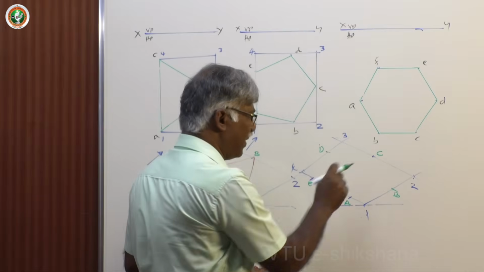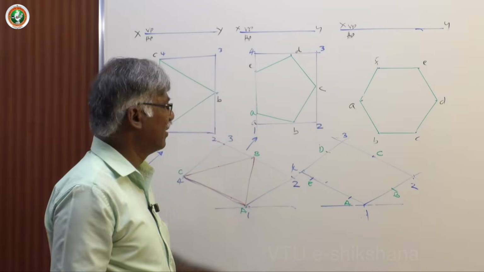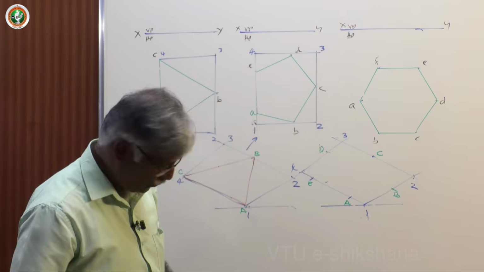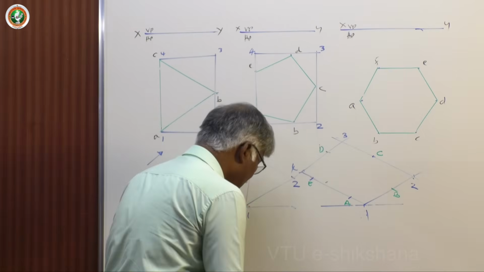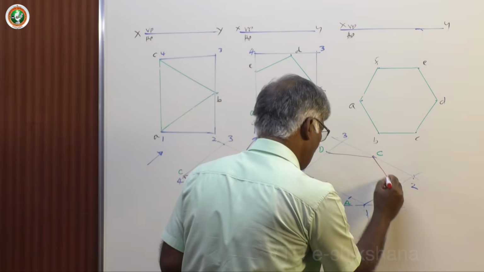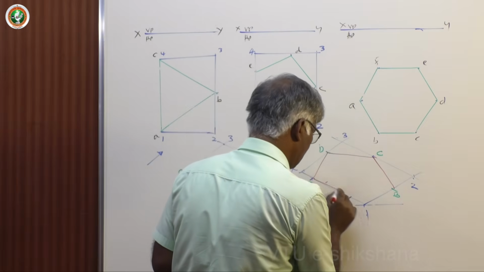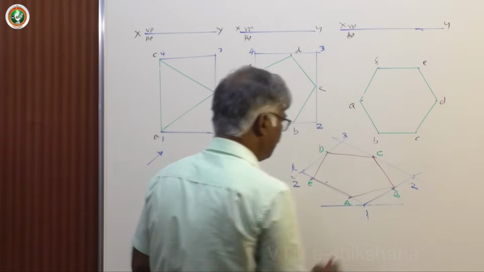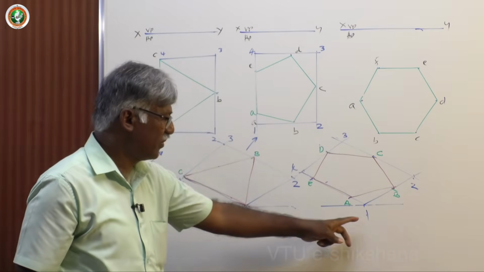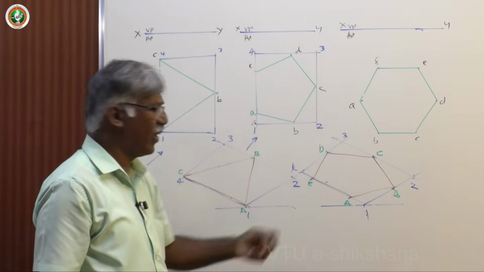Next, C is the midpoint. Automatically we did not measure anything there. Now join this. If you join this, you will get the isometric view of the pentagon. If you look from this direction, 2 will be the first point. Then you will get 3, 4, 1.